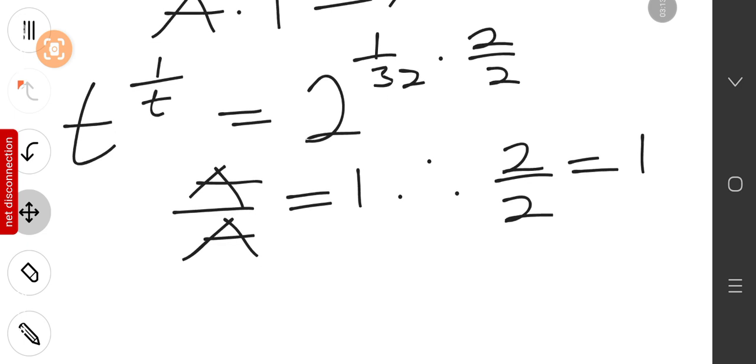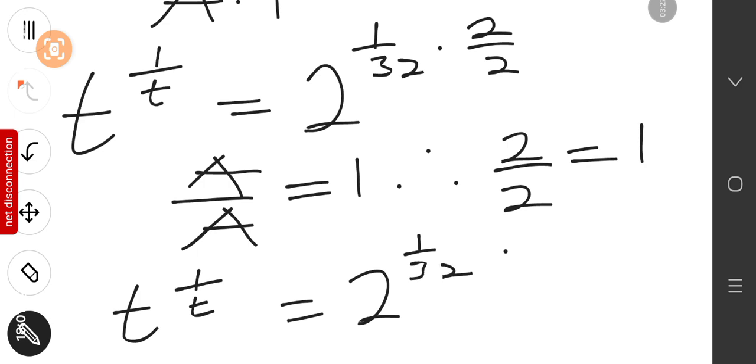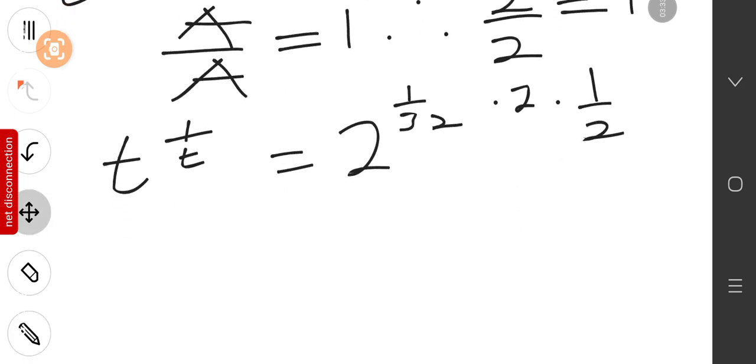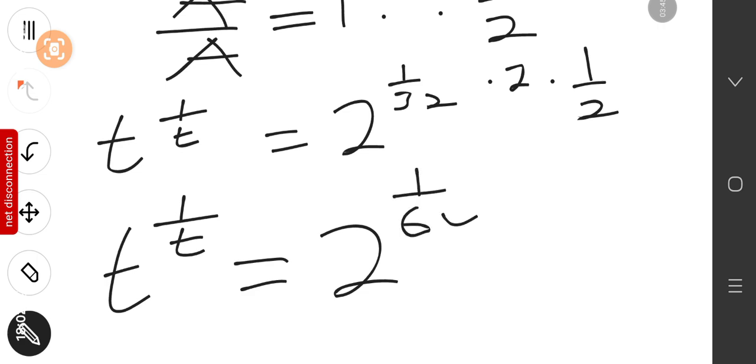All right, so we're going to have t exponent 1 over t equals 2 exponent 1 over 32 times, now we can write 2 over 2 as 2 times half, okay? So you're going to have 2 exponent 1 over 32 times 2, that gives us 1 over 64.